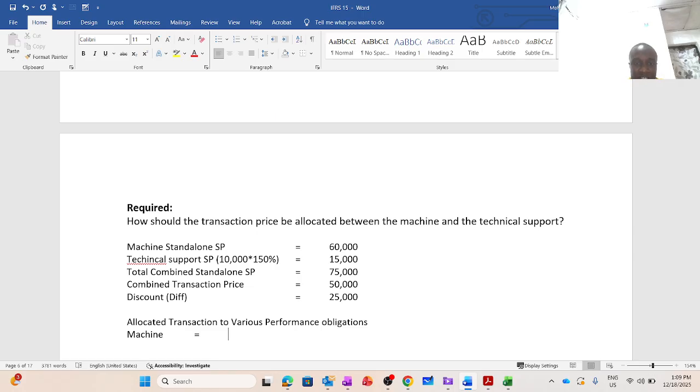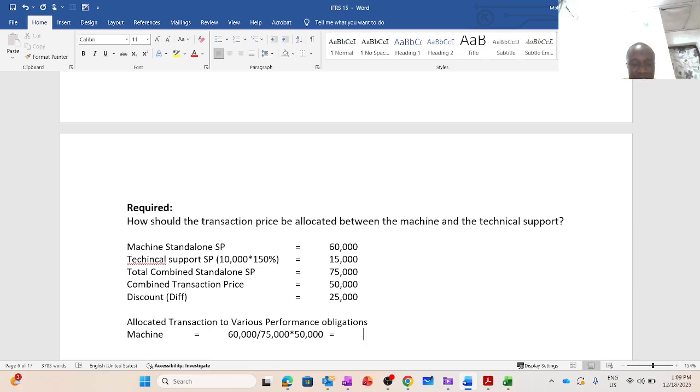For instance, for the machine, the stand-alone selling price is 60,000. So therefore, it will be 60,000 divided by the stand-alone total combined price, which is 75,000, multiplied by the combined transaction price of 50. This will give us the portion of the transaction price that only relates to the machine.